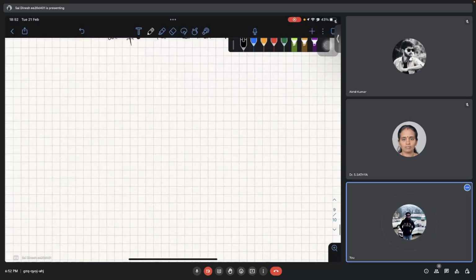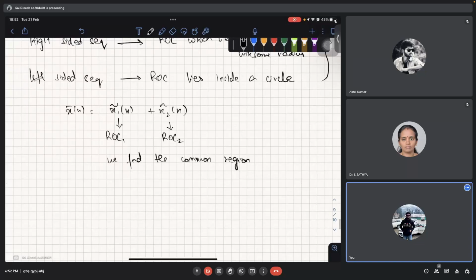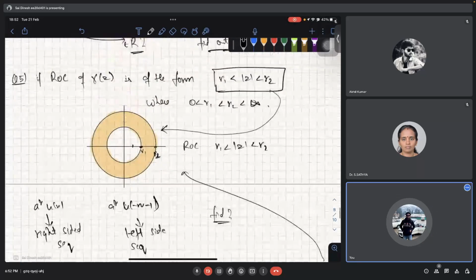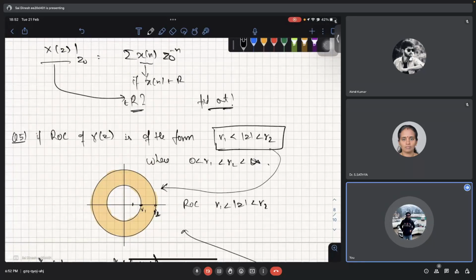Okay, any questions until now? Someone has joined, or do you have any doubts in the assignment or in the concepts from Z transform?